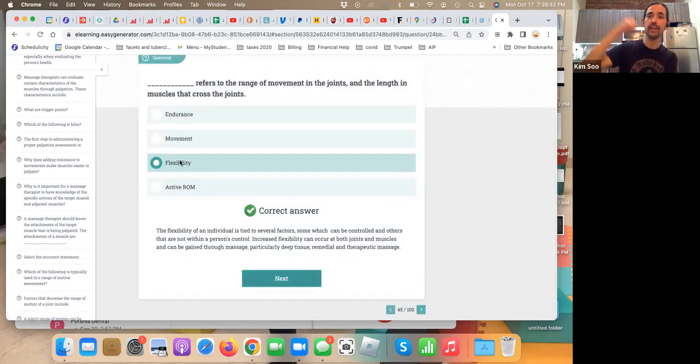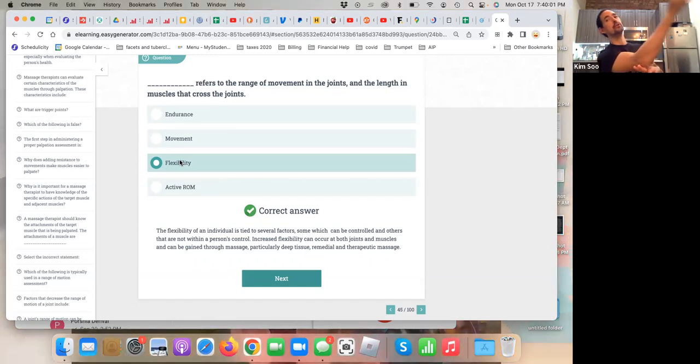Flexibility includes range of motion, and it includes the suppleness of the soft tissues. You are flexible if you can extend your elbow through the entire range of motion. You are flexible if you can flex your elbow through the entire joint range of motion.